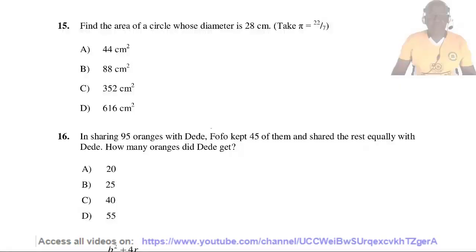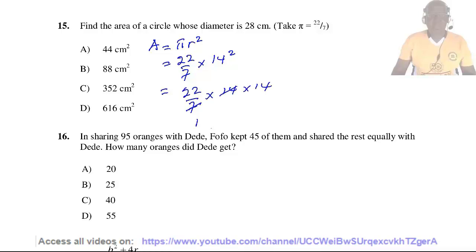Question 15. Find the area of a circle whose diameter is 28 centimeters. Take pi to be 22/7. The area is given by pi r squared. Pi is 22/7, and the radius, since the diameter is 28, the radius will be 14, so 14 squared. 22/7 times 14 times 14. 7 goes here 1, 7 goes here 2.